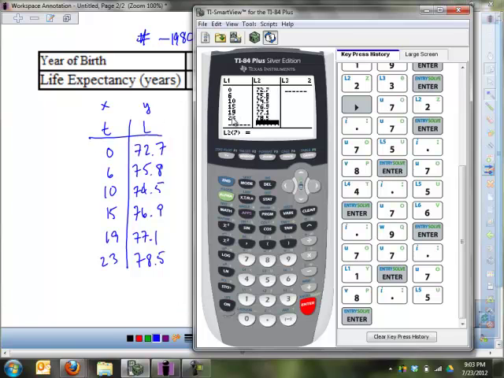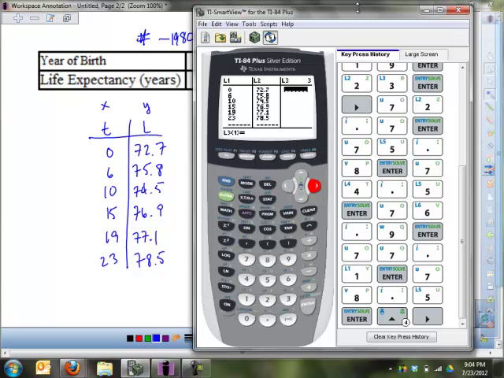I just want to make sure that the lists are matched up. I can move my cursor off to the side here. I see that I have 6 elements in both lists. I can double check my calculator against the list that I have written down on paper, and that looks good. So now your list is all set.